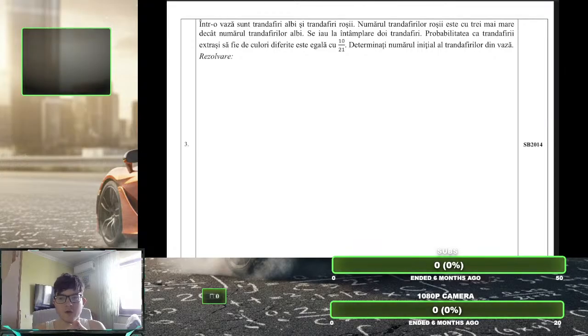So what you need to do is understand the initial numbers of flowers within the vase. So the total number of flowers, not just red, not just white. All of the flowers. Okay, so this is basically how it's solved. From what I remember, m divided by n is 10 over 21.